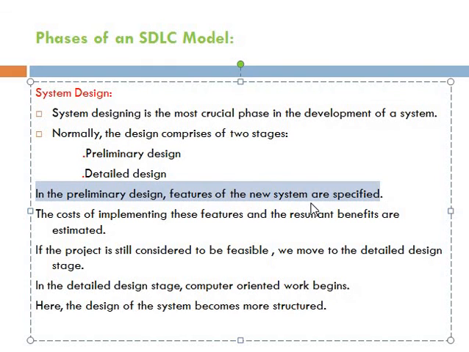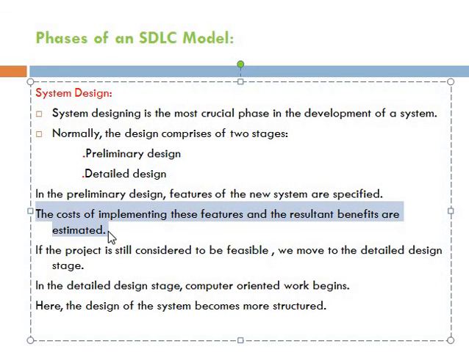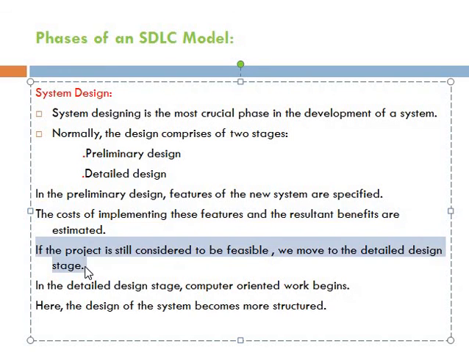In the preliminary design, the features of the new system are specified. The cost of implementing these features and the resultant benefits are estimated. If the project is still considered to be feasible, we then move to the detailed design stage.